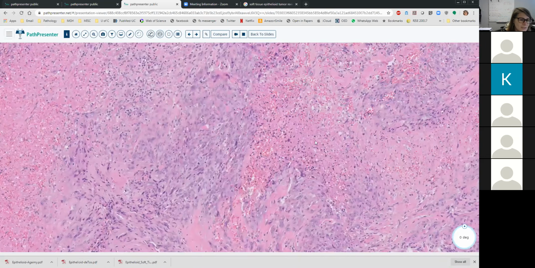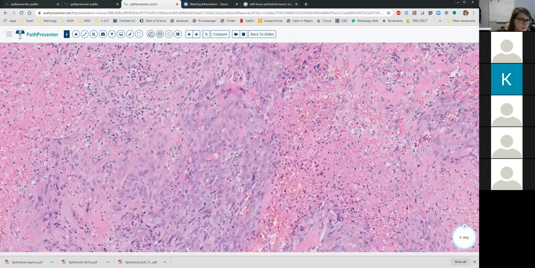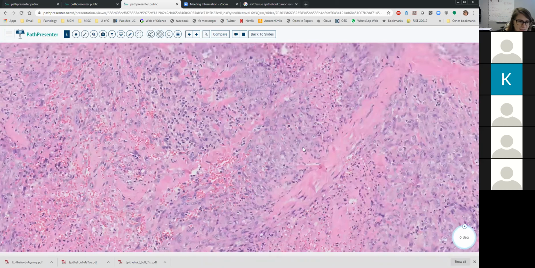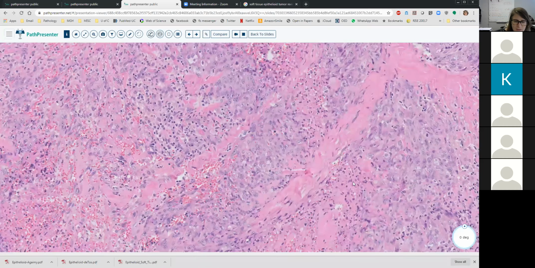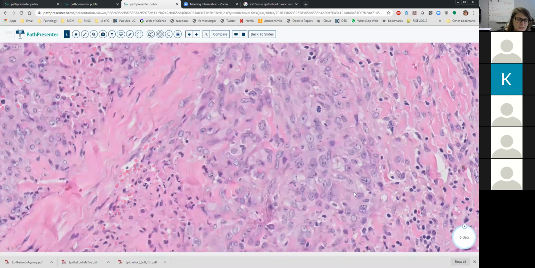The thing that certainly helps us out, at least for malignancy here, is the presence of necrosis and the very numerous mitoses. I think we came across already a few. Yeah, here's a good one. But right, morphology is, again, very plump with pink cytoplasm, prominent nucleoli.